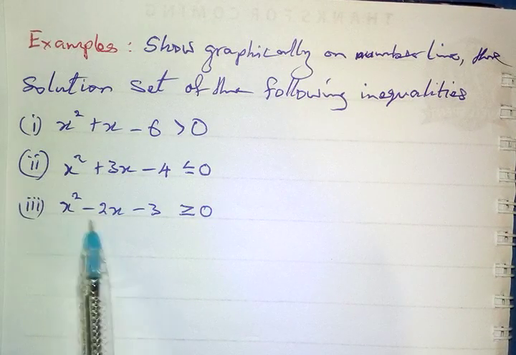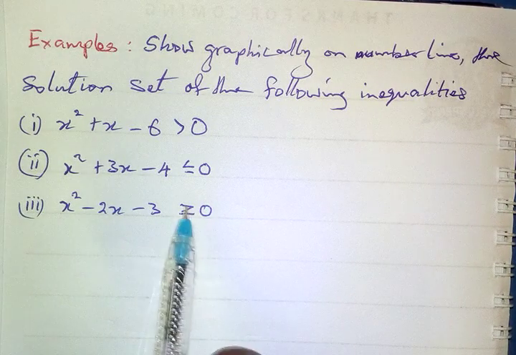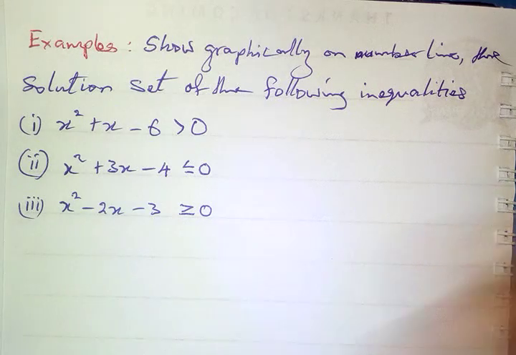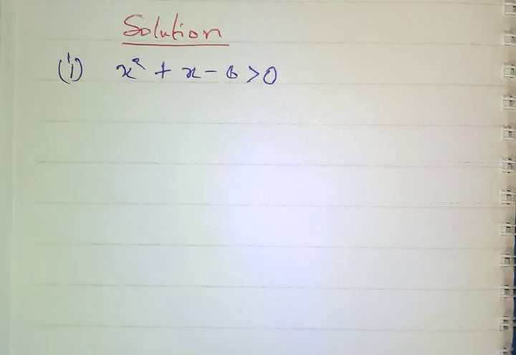And lastly, x squared minus 2x minus 3 is greater than or equal to 0. Let's consider the first one.